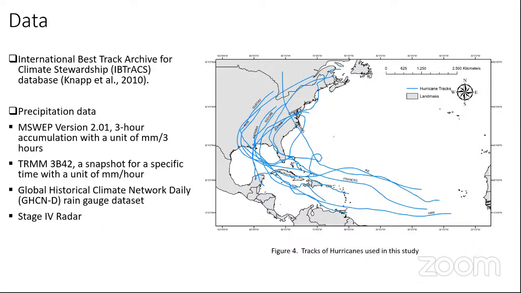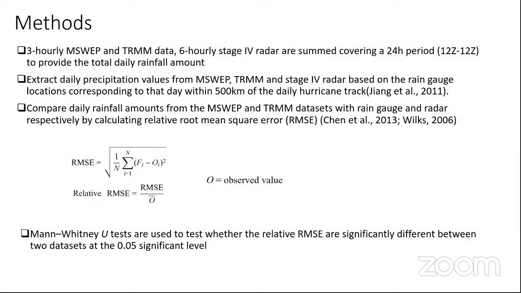Rainfall data pertaining to the TC are obtained from 4 sources: the MSWEP, the TRMM, the Global Historical Climatology Network Daily rain gauge dataset, and also the Stage 4 radar. The method I use is mainly GIS metrics and statistical methods.